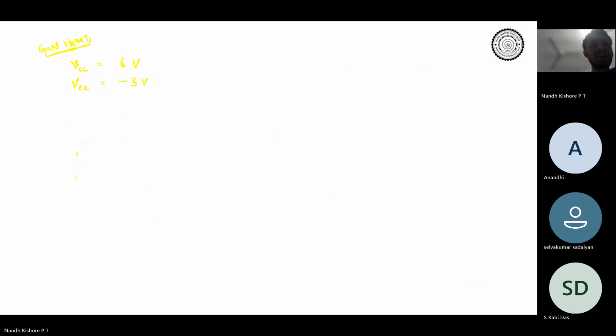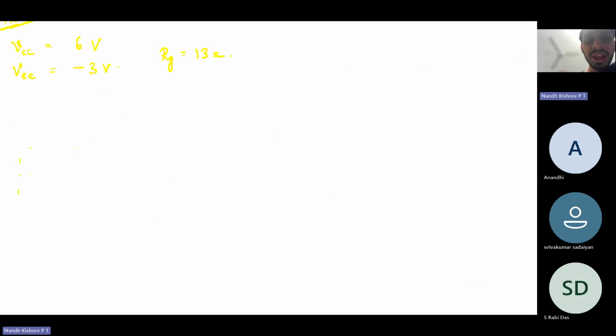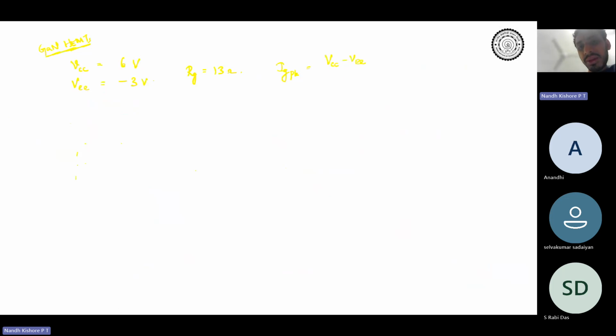So for the same gate resistance, let's say 13 ohms, your IG peak is going to be VCC minus VEE by RG, which is 6 minus of minus 3 by 13, or 9 by 13, which is less than 1, correct? So the IG peak requirement decreases for GaN devices, right?